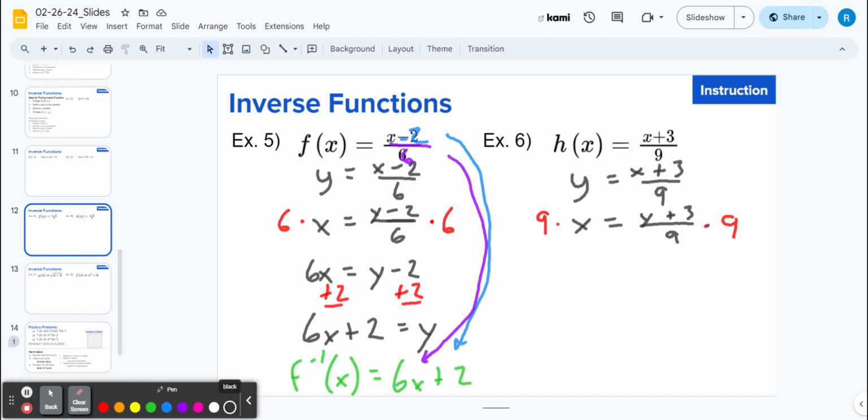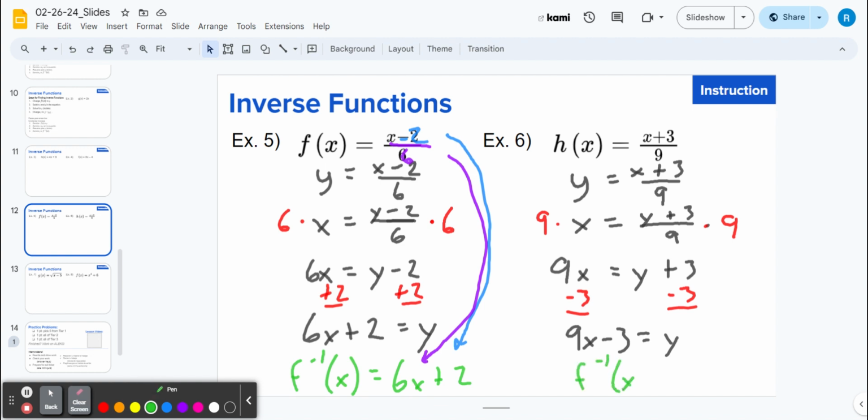Okay, get 9x equals y plus 3. And lastly, subtracting 3 on both sides, giving me 9x minus 3 equals y. So I'll just rewrite our function notation. 9x minus 3.